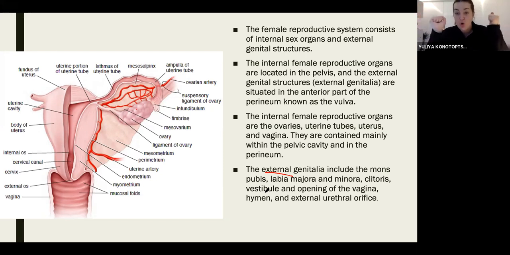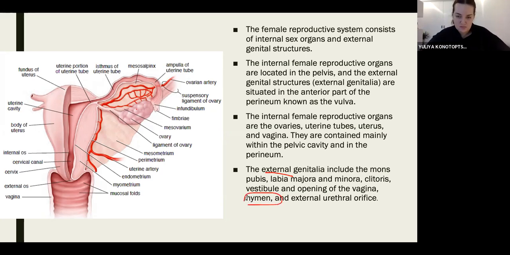If they ask you to show vestibule, you don't spread the lips apart and say that's the area. In its normal position, how it is on the cadaver, you take your forceps and very gently show where the minora are. So that's just the space between them. Don't spread them apart, okay?